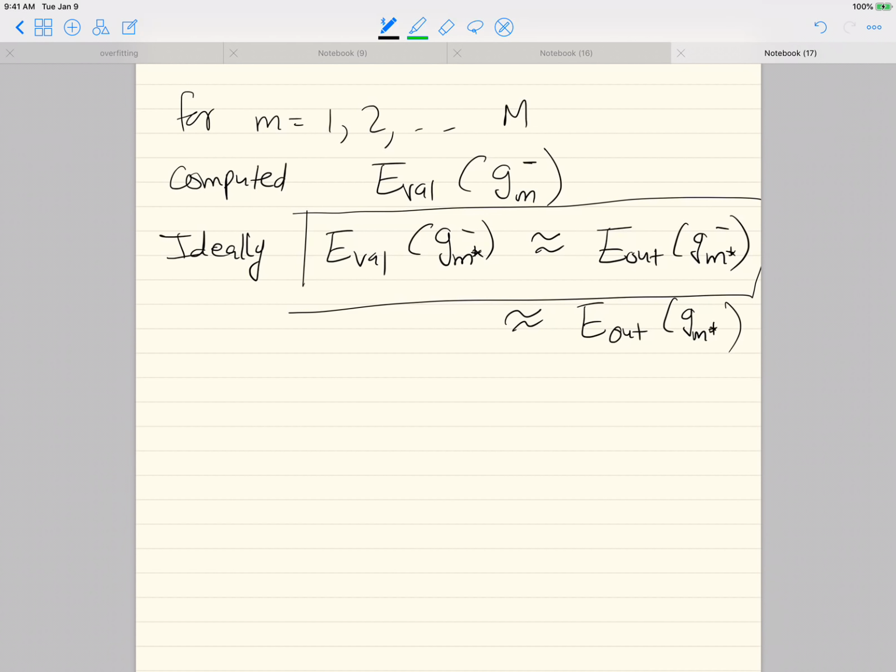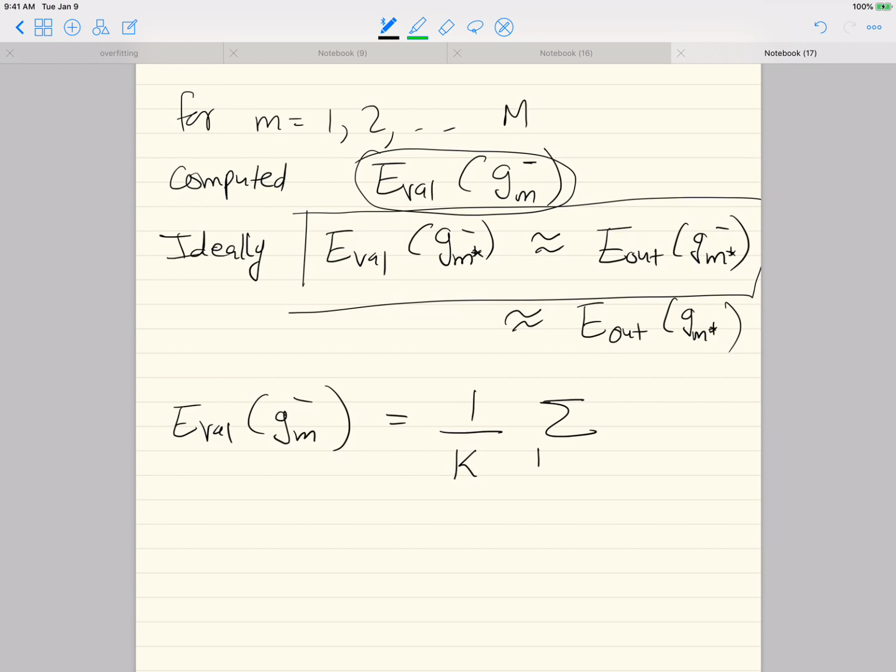So what we have computed is, for each m, this quantity: Eval of gm minus is 1 over K, the summation of k going from 1 to K, of the error e of gm minus at xk and yk.